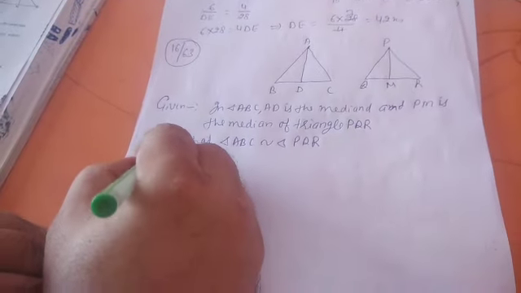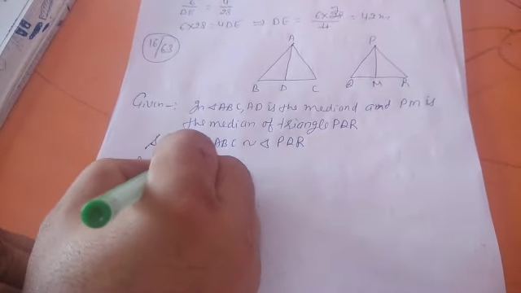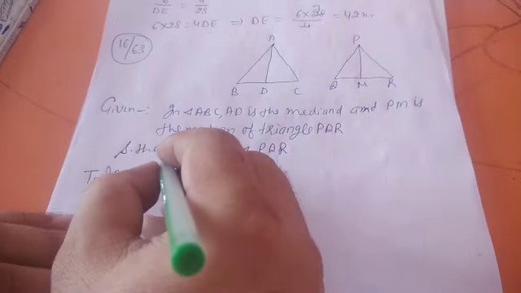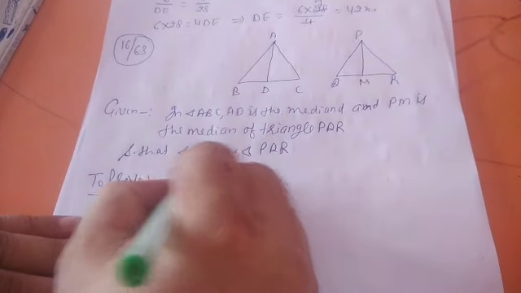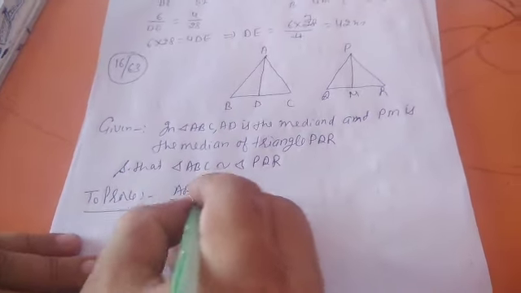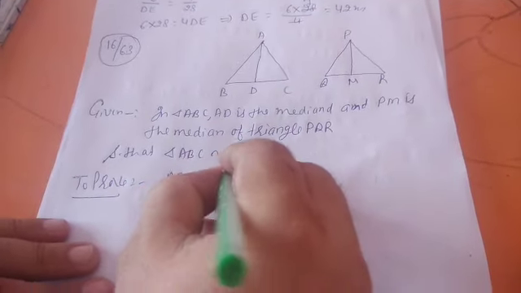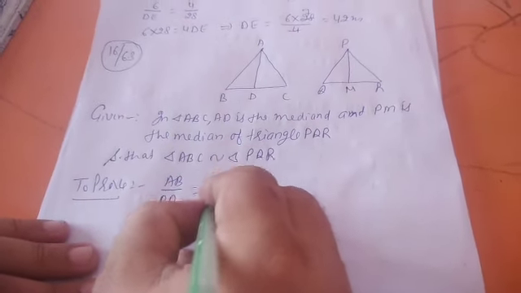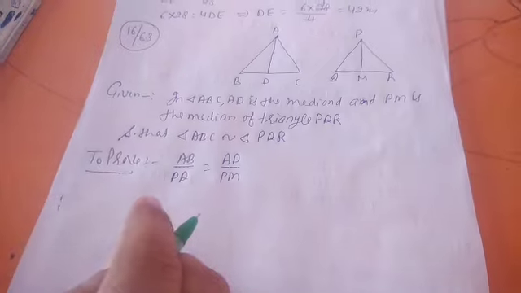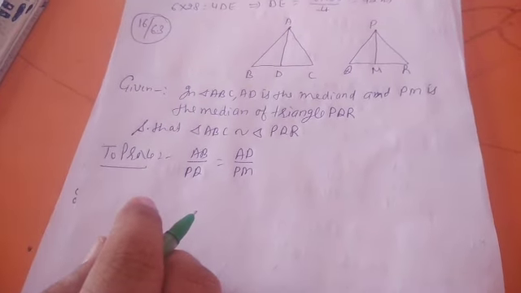To prove AB by PQ is equal to AD by PM. It is, you can say, the converse of that.